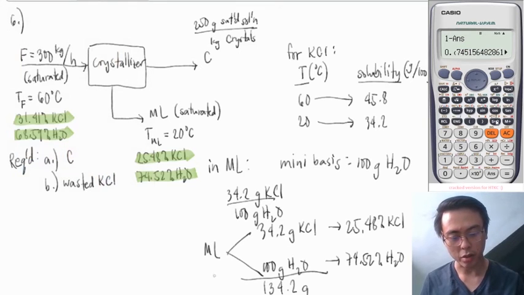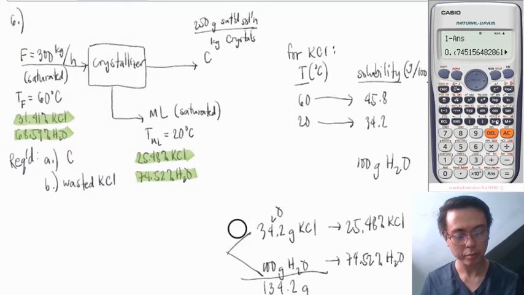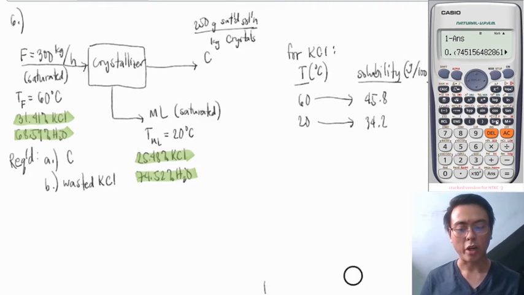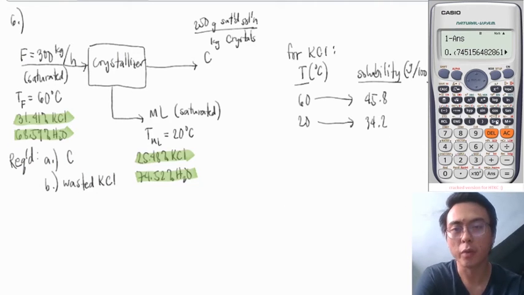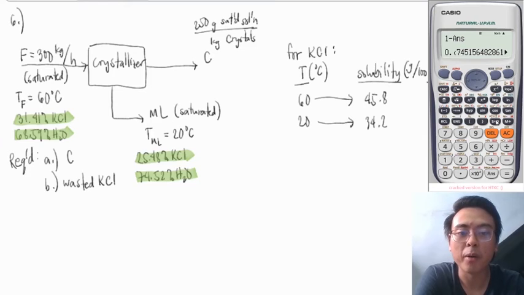Okay, so let's erase this. We're done with the feed. We're done with the mother liquor. Now, take a look at the crystals. In brief, the crystal is simply the solid form of your solute. Your solute in this case is KCl, so you expect stream C to be composed of KCl crystals. However, it contains adhering solution.